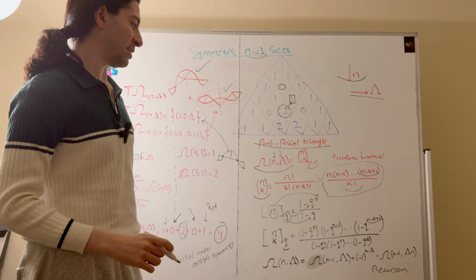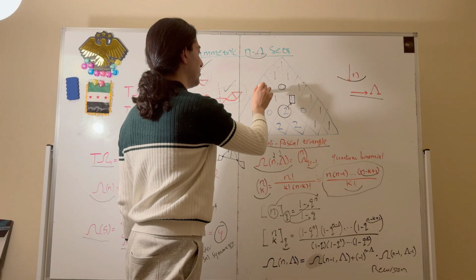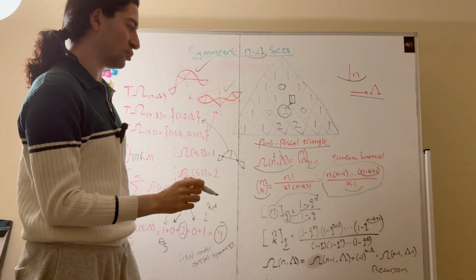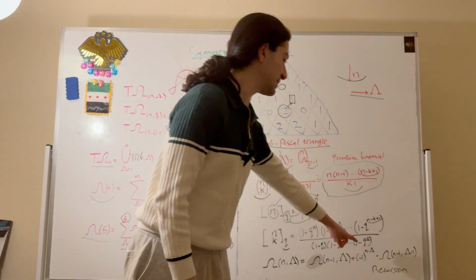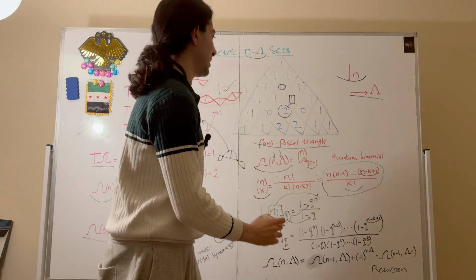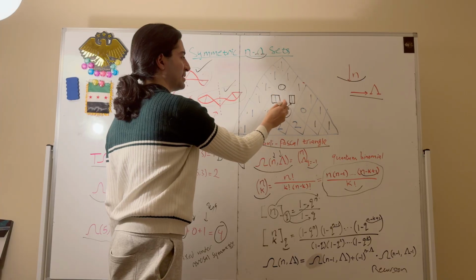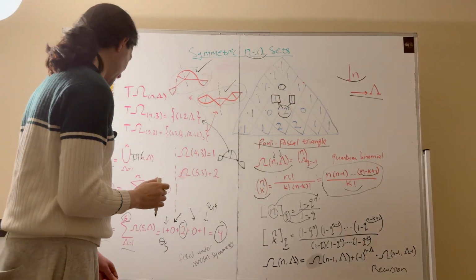So what is n and lambda in this case? Let's see. 1, 2, 3, 4, 5. 1, 2, 3. So 5 minus 3 is 2. -1 to the power of 2 is 1, times omega of n minus 1 lambda minus 1, which is this one. So this is equal to this plus this. Is that correct? Yes, it is correct.